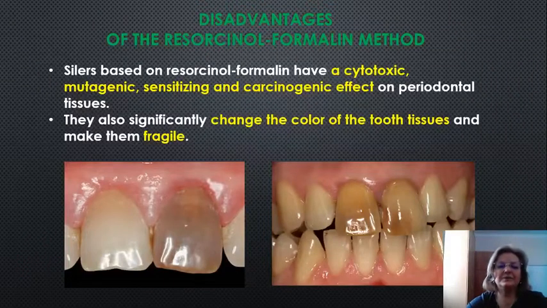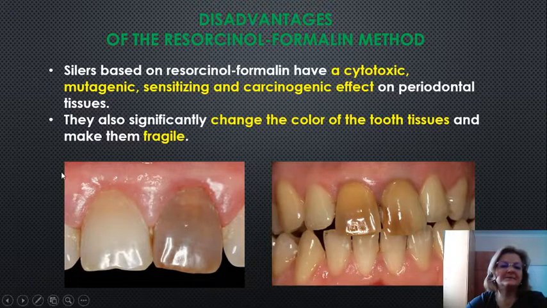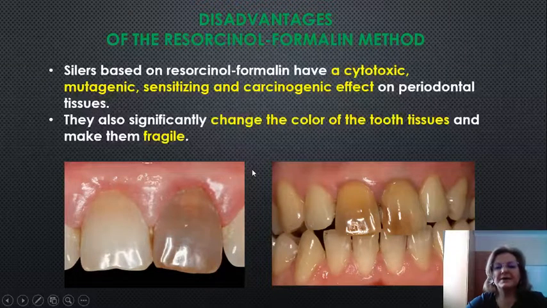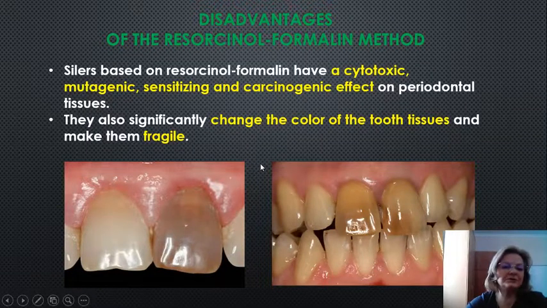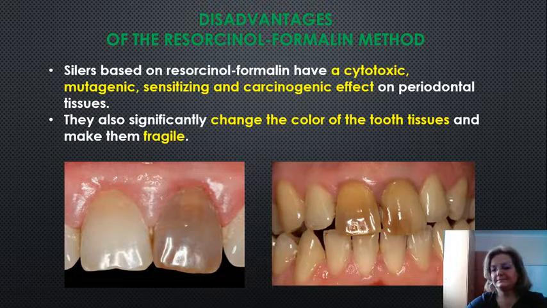Disadvantages of resorcinol-formalin methods. Sealers based on resorcinol-formalin have a cytotoxic, mutagenic, sensitizing, and carcinogenic effect on periodontal tissues, and they also significantly change the color of the tooth tissues and make them fragile.